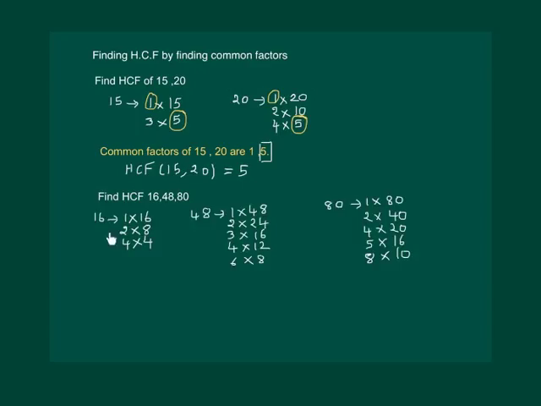After writing down all the factors of the three numbers, let us mark the common factors. 1 is common to all of them. 2 is a common factor. 4 is a common factor. 8 is a common factor.